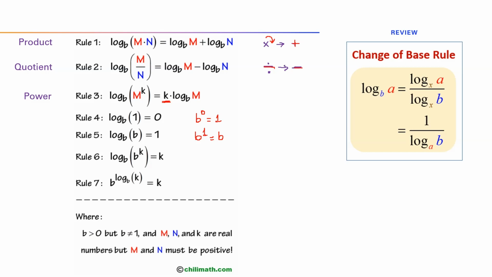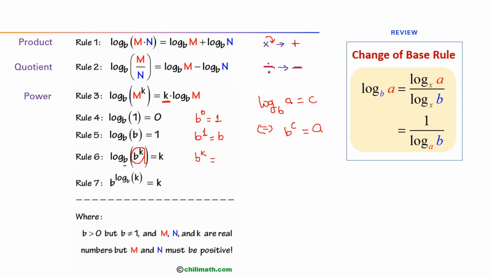So for this one, log base b of a equals c is the same thing as b to the power of c equals a, right? So now rule number 6, you have log base b. If you change that, you will have b to the power of k. That's our a right here, right?